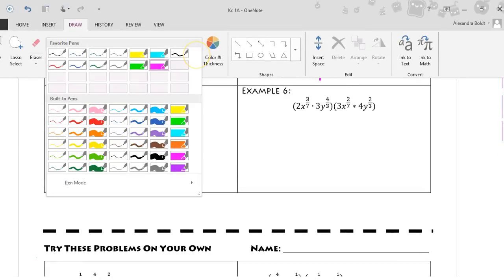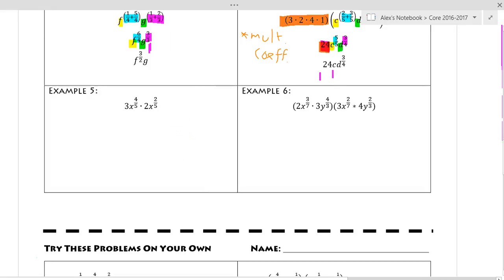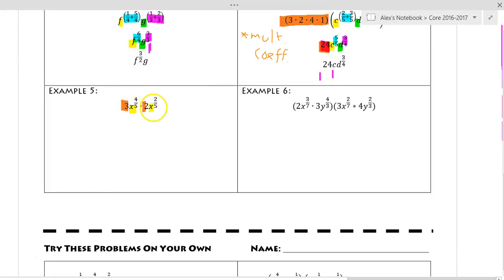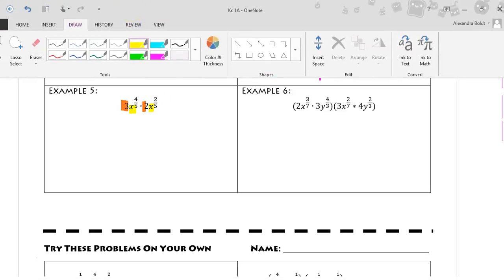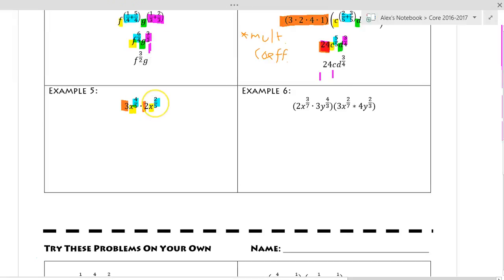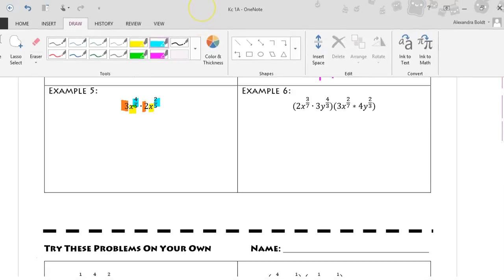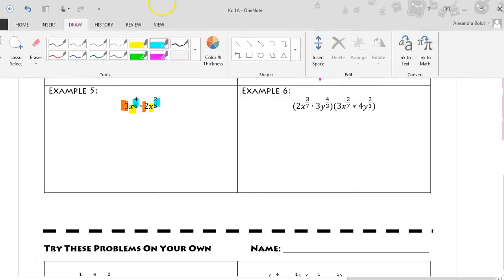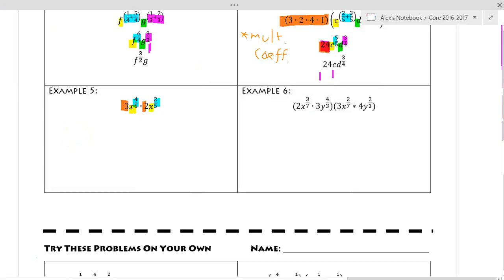So if I look at our first example, I have 3x to the 4/5 and 2x to the 2/5. So let's highlight everything that we have. I have my coefficients, right? Those are the numbers out in front. Then I have just one base. X is my only base. And then I have 4/5 and 2/5 as exponents to that base. So remember, when you have those coefficients out in front, you have to multiply those separately.